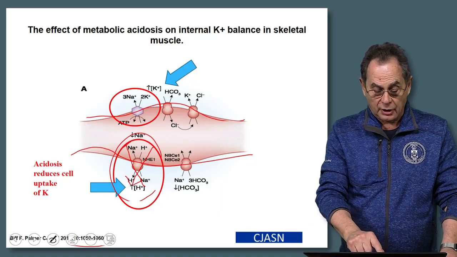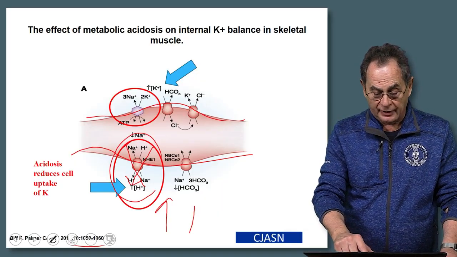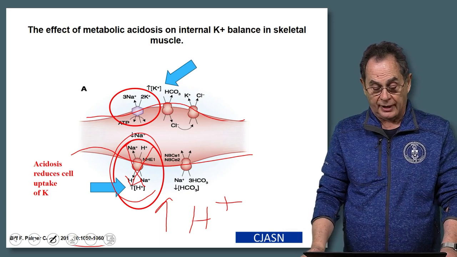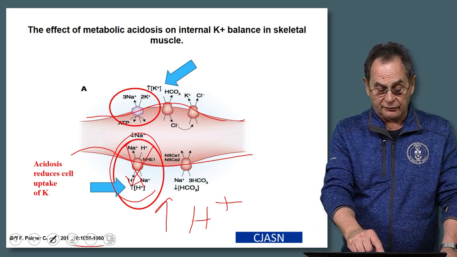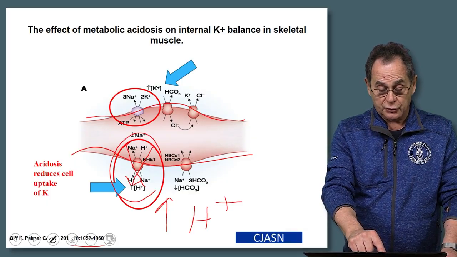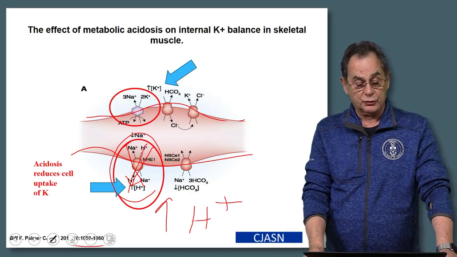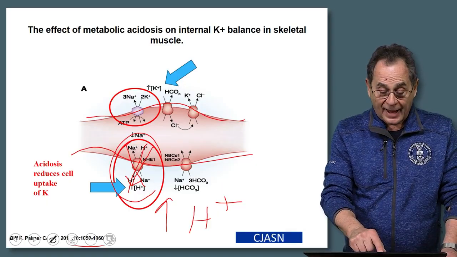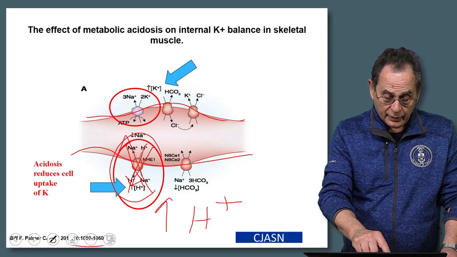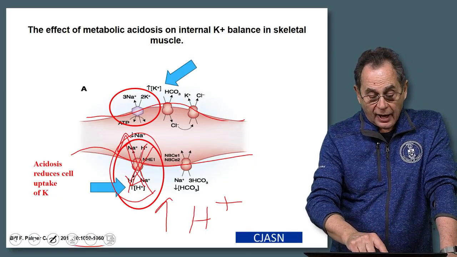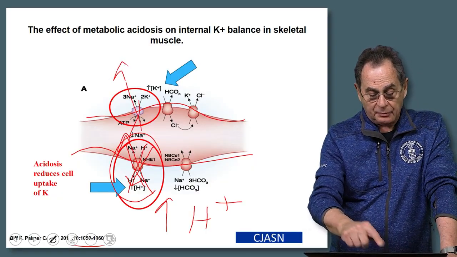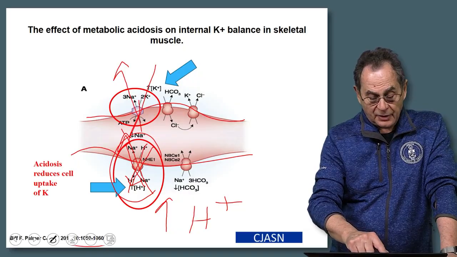Now imagine a situation in which you have a high concentration of hydrogen ion outside the cell. That diminishes the gradient for hydrogen to move from the inside to the outside of the cell. And what that does is it reduces the entry of sodium. Now when sodium enters, it's pumped out by sodium potassium ATPase, and potassium enters.